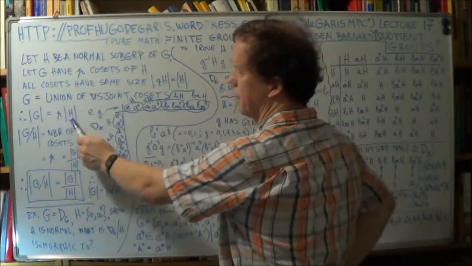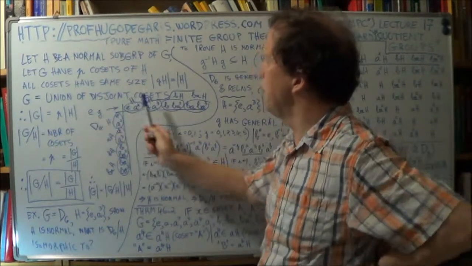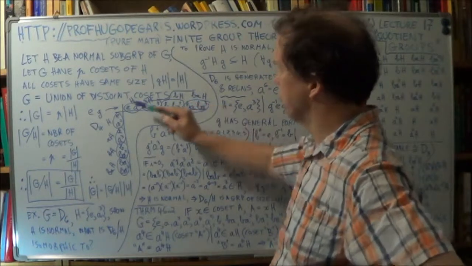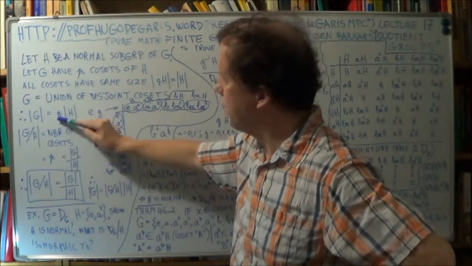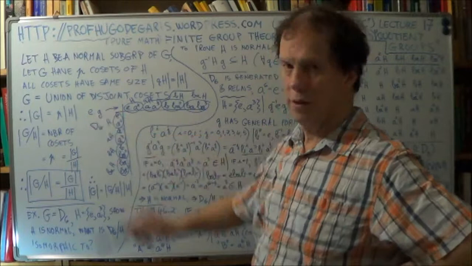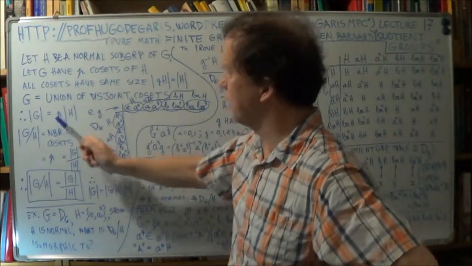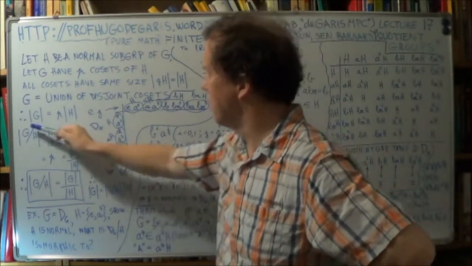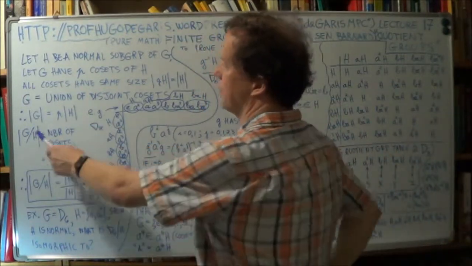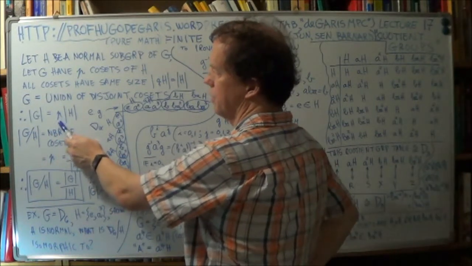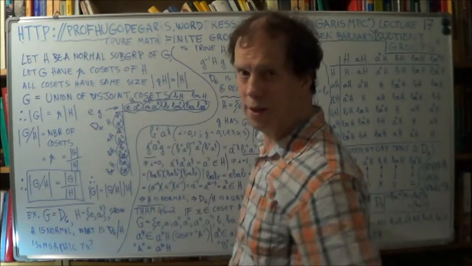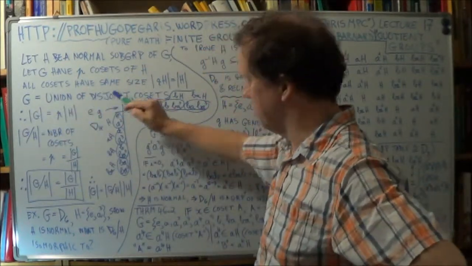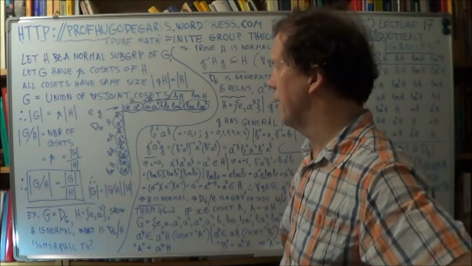That'll just be mod H, the size of H. Now if you have p of these cosets, the total number of elements in your group will be p times the size of a coset, because you've got p cosets, and that's the number of elements in a coset. So the size of your group is just the number of cosets times the size of a coset, because G is a union of disjoint, all different cosets.